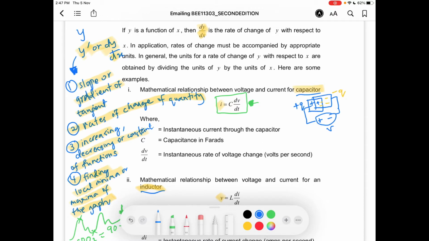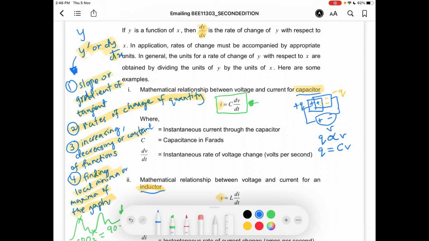From this experiment, people previously found out that Q, the charge, is approximately proportional to the voltage. So the equation is Q equals C times V.